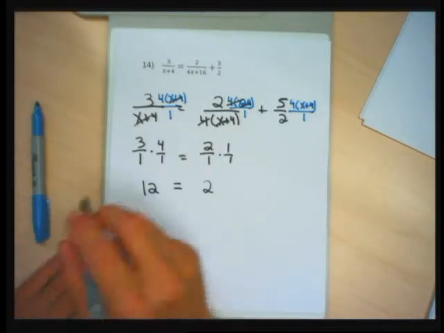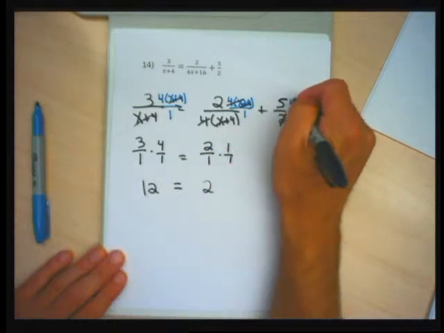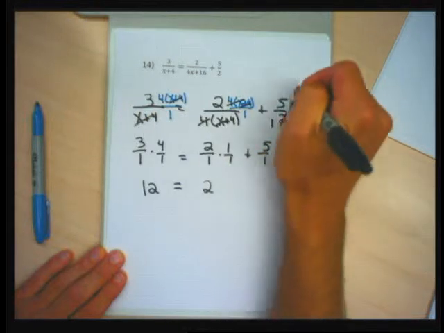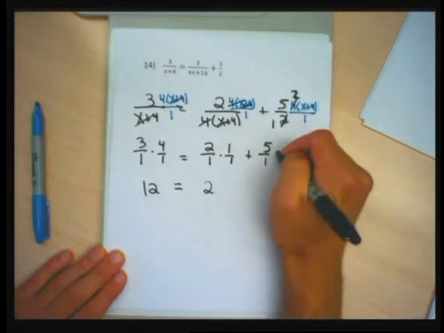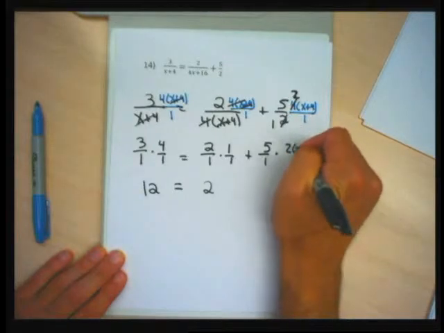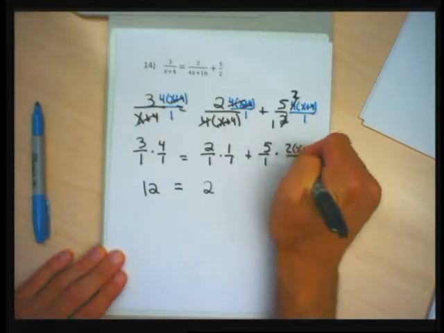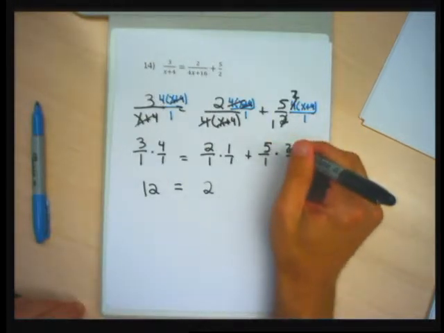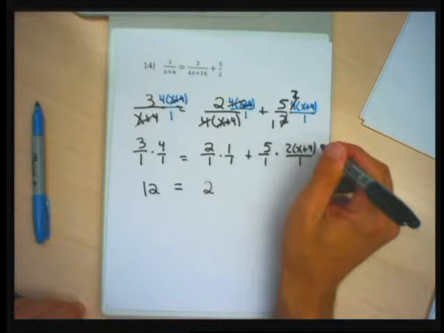Next piece is a little tougher. The 5 cancels, the 4 and the 2 cancels into a 1. And this leaves me with 5 over 1, this 4 turns into a 2, times 2 times x plus 4 over 1. That's a little bit harder to multiply. I can multiply the 5 and the 2 and get 10, and then multiply by the x plus 4.